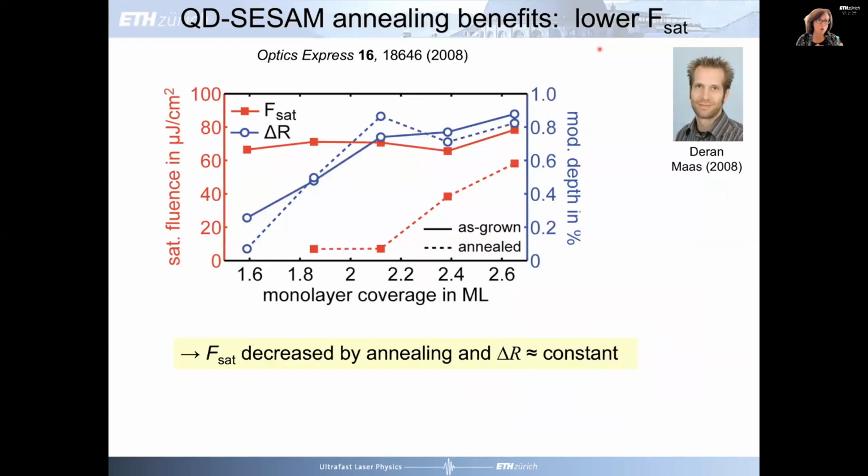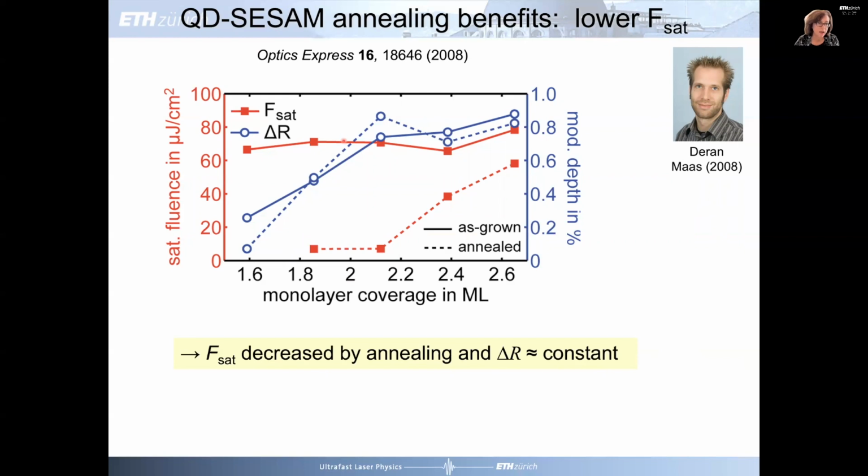So we did some more optimizations of the quantum dot SESAMs and realized that when we anneal the quantum dot SESAMs, which we do anyway in the mixel integration, then, when you look at the saturation fluence here for the different monolayer coverages, you see that the saturation fluence is rather high.